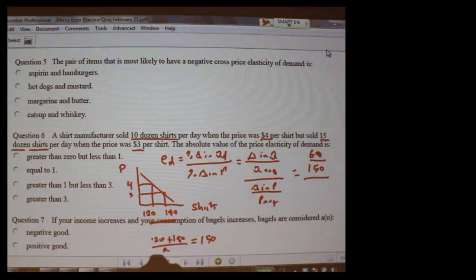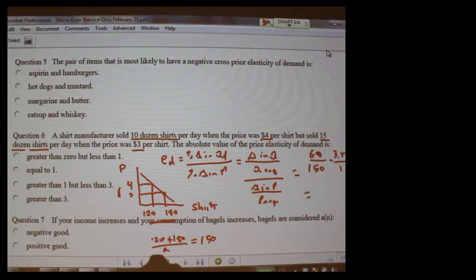Okay, now what about the change in P? It's 1. What's the average price? 3.5. So then, this is 3.5. To simplify this, right? So then the bottom part goes away. And what do we have?